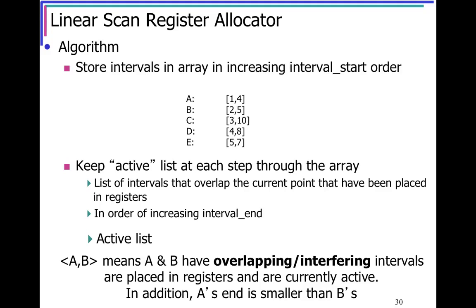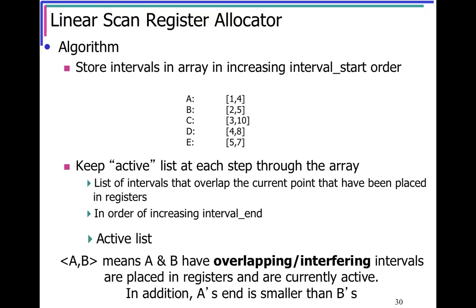So for this algorithm, we identify the intervals and we store the intervals in order of increasing interval start. So the smallest instruction at which a symbolic register starts being live is how we're going to order this list.